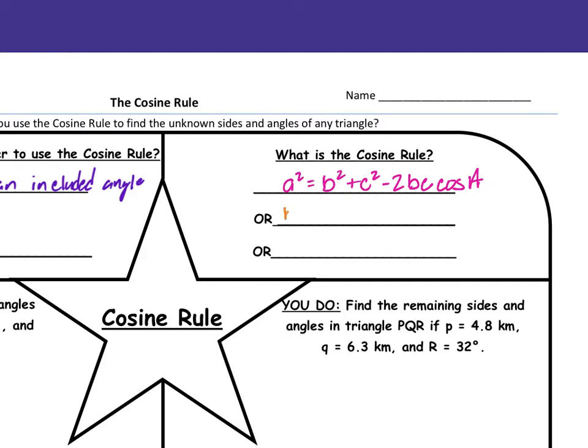Or I can do b squared will equal a squared plus c squared minus 2ac cosine of b. Or I would do, let's see, c squared is going to equal a squared plus b squared minus 2ab cosine of c.